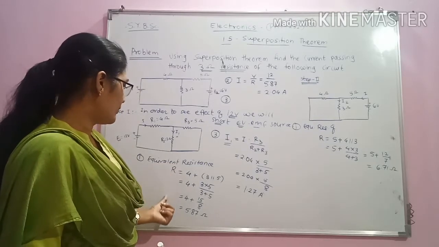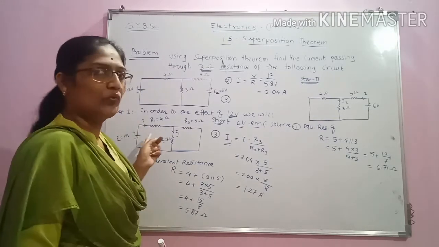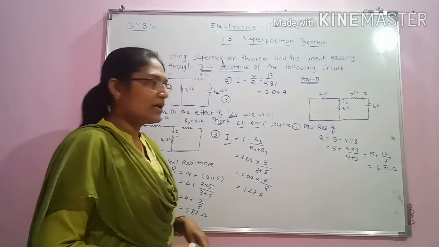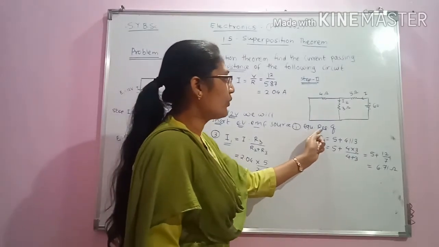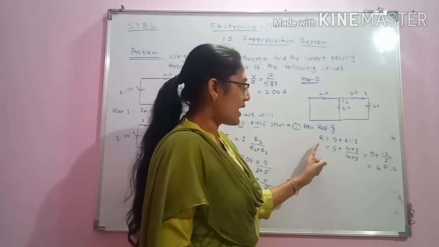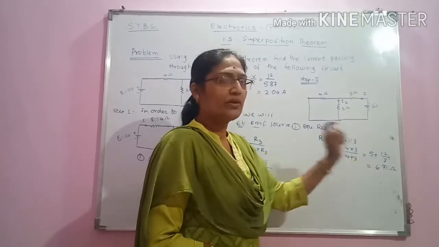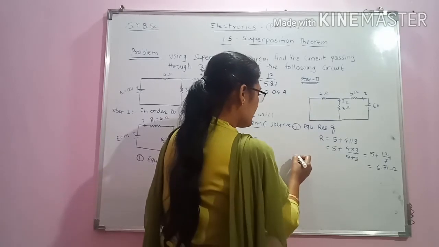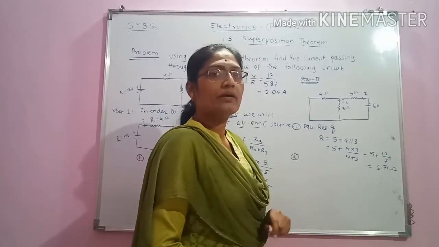The thing that we have calculated in case of the 12 volt battery, we have to calculate again for the 6 volt battery, and we have obtained the equivalent resistance due to the 6 volt battery as R equal to 6.71 ohm. Now the second step is we will calculate the current.